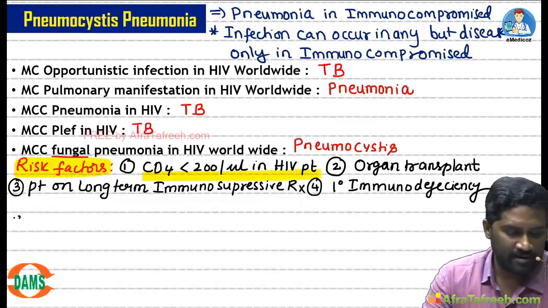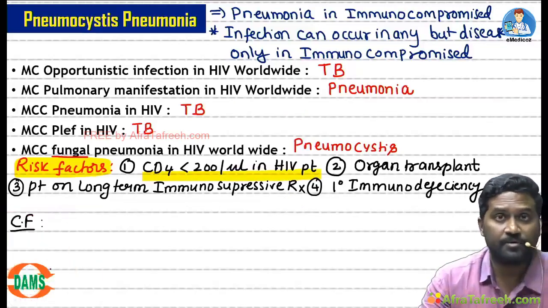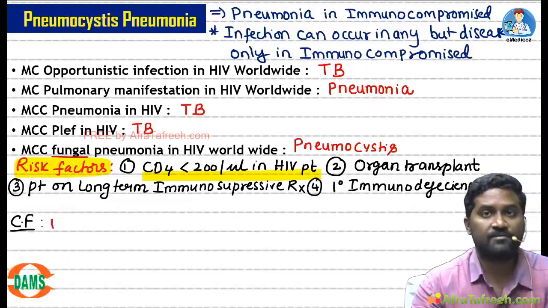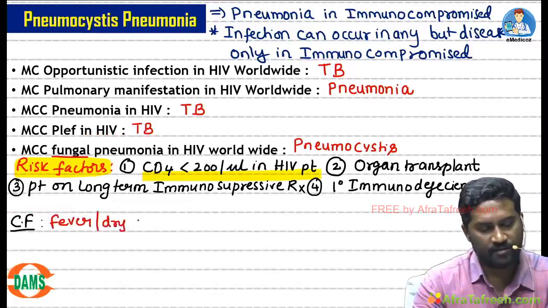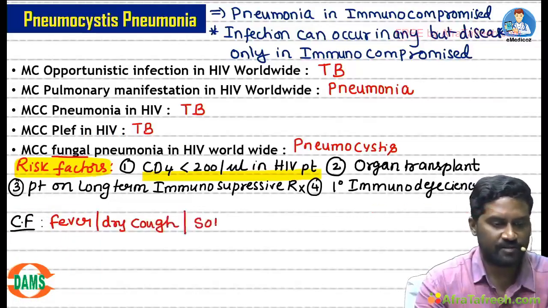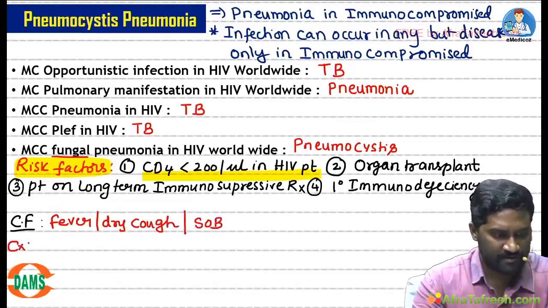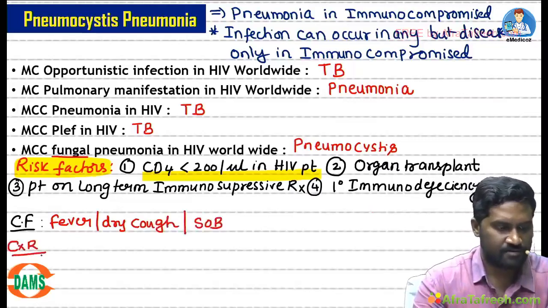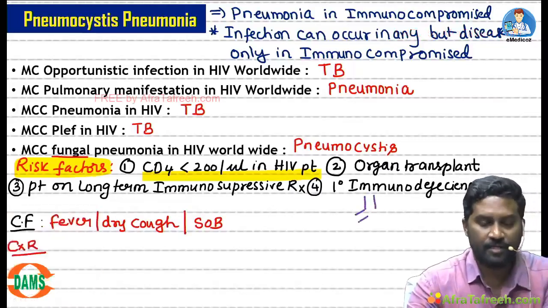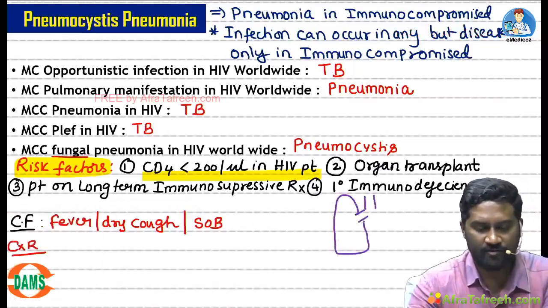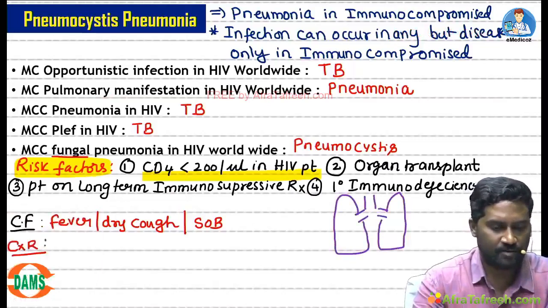Now coming to the clinical features, this can manifest as an atypical pneumonia. Atypical pneumonia in the sense, the patient will have fever, there can be dry cough, and shortness of breath. Now coming to the chest X-ray features. Initially the chest X-ray can be normal.